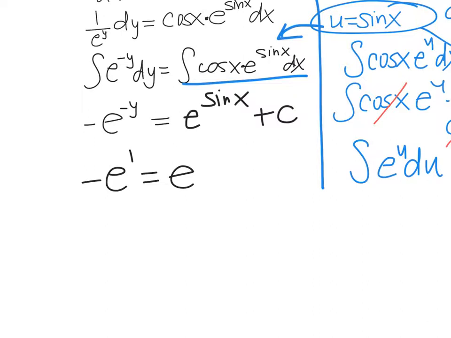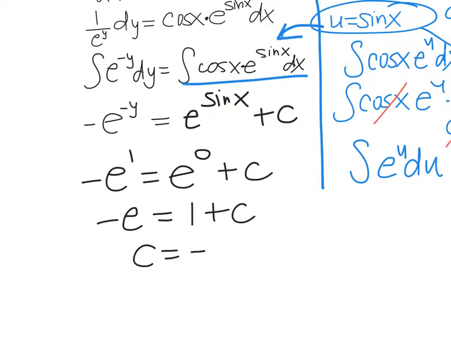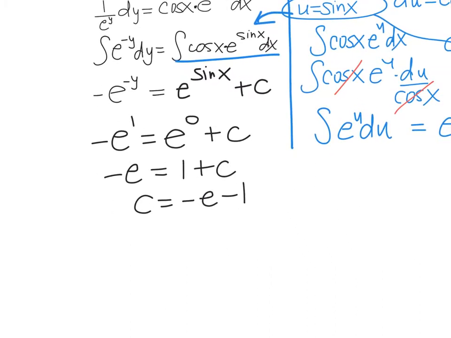Do you know what the sine of 0 is? 0. Okay, I'm done. And so you get negative e equals 1 plus c. So c would equal negative e minus 1. Are we okay with that?